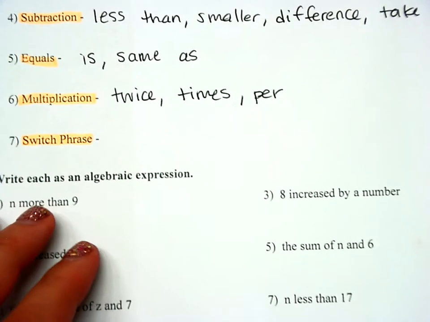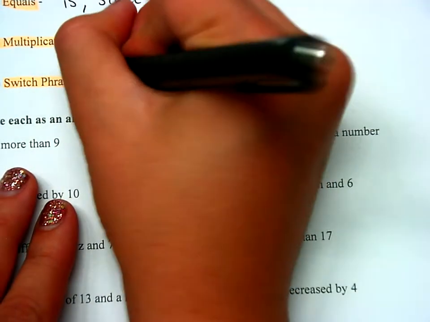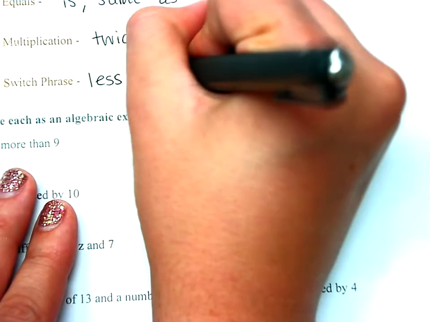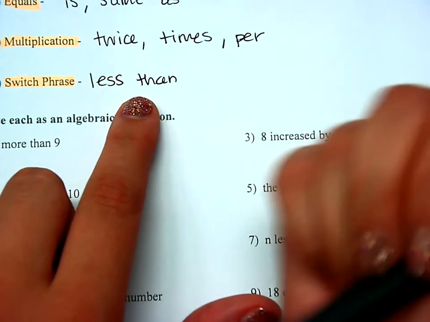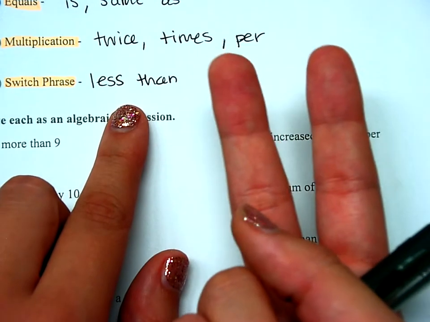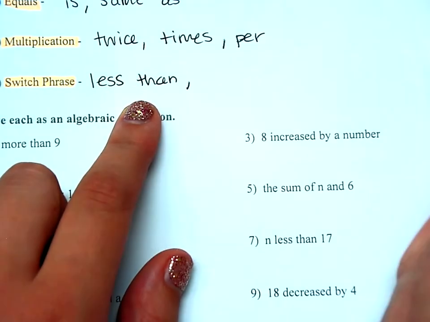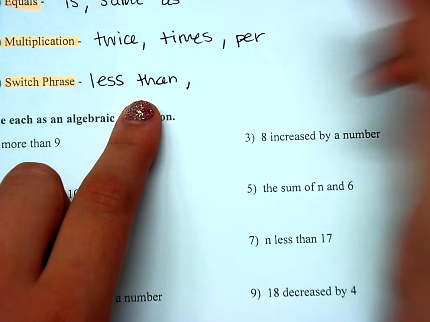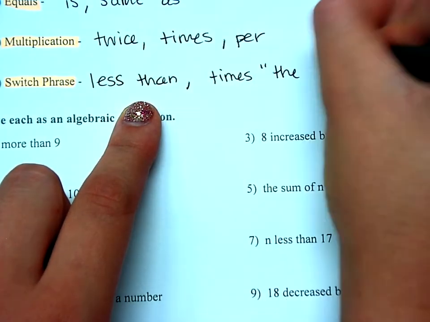The first one we're going to see a lot of, and this is the one I see most mistakes with, is less than. So you'll see that we already had this in the difference section for subtraction, but less than tells me that I'm actually going to switch the order that the numbers are in the sentence, and you'll see an example of that later. Okay, and another one is if you see the phrase times the sum of.